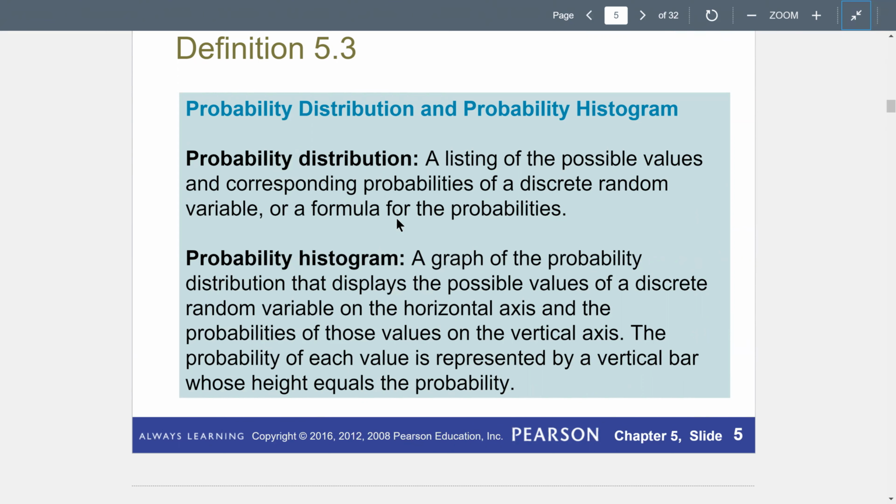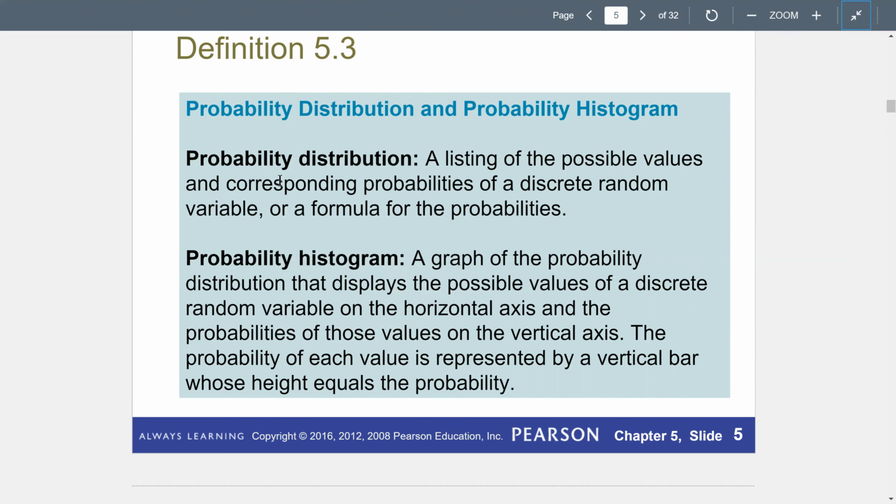But first we also need to see what is probability distribution and probability histogram. Probability distribution is the listing of the possible values and corresponding probabilities of the discrete random variable, or a formula for the probabilities. It can be displayed in graphical form, and it becomes a probability histogram.